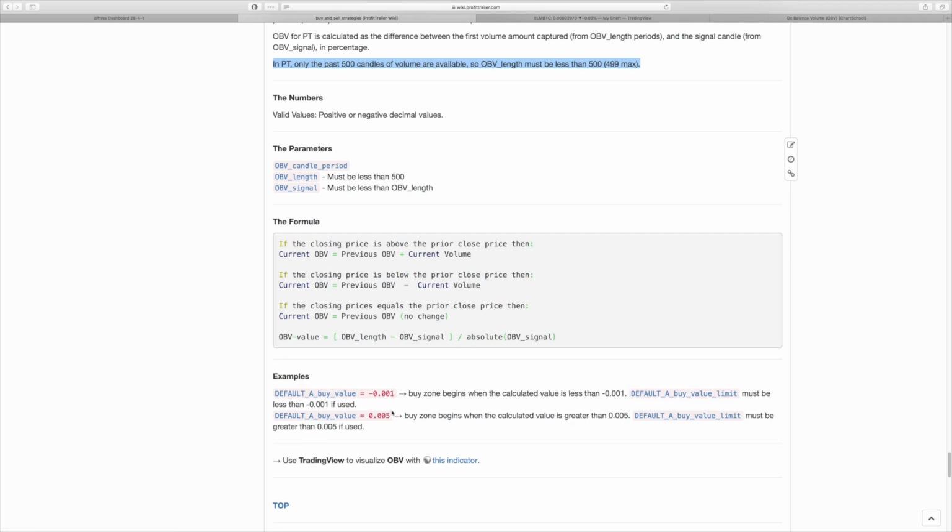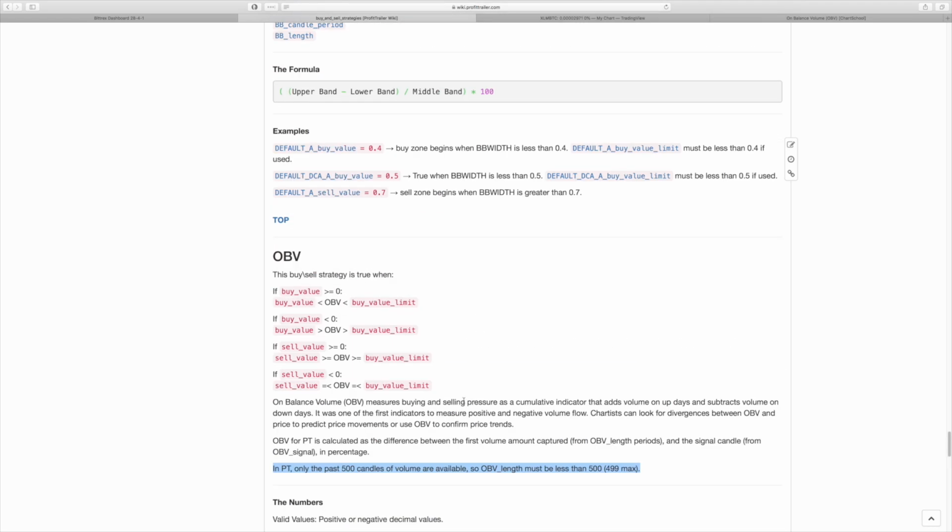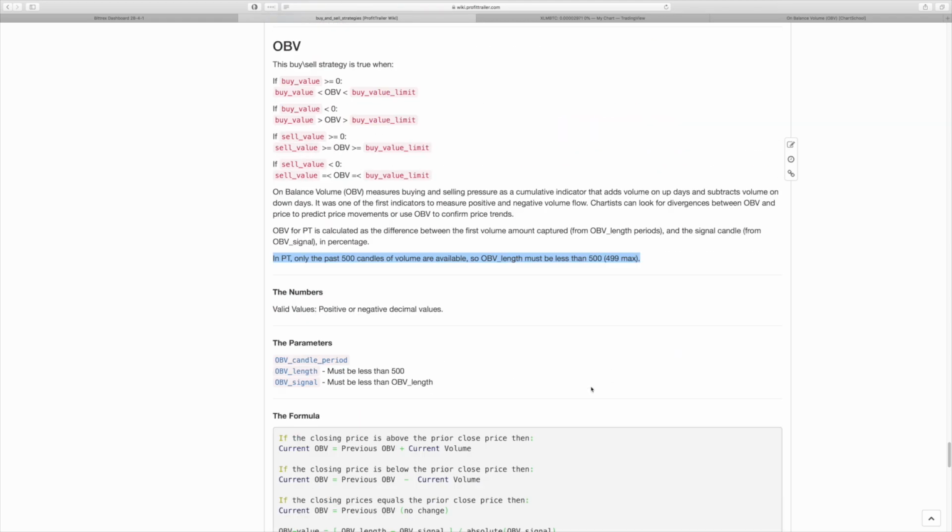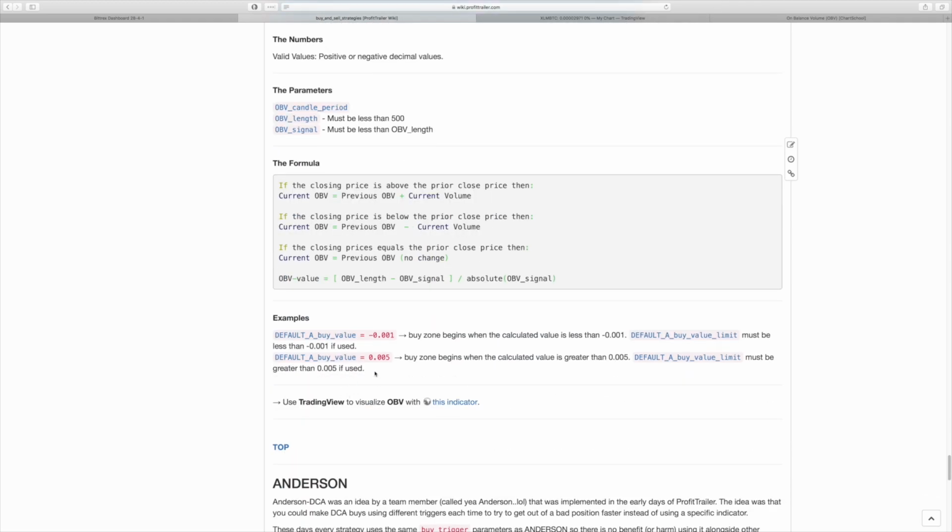So that's a little bit interesting on how this works. So yeah, the OBV has got to be less than, oh, hang on, I've got this backwards. I am thinking backwards on this. So default A buy value, negative 0.001, means the buy zone begins when the calculated value is less than negative 0.001. So that means it's got to be more negative.